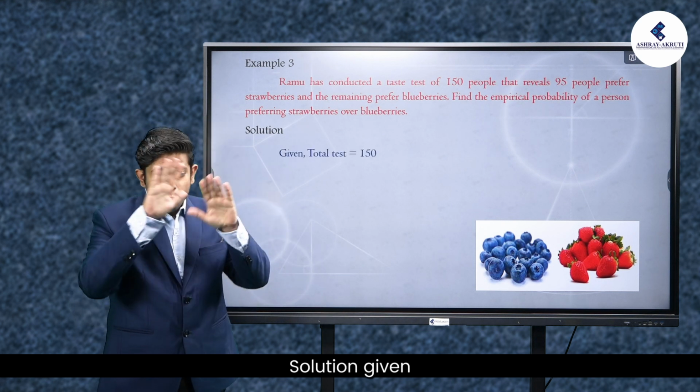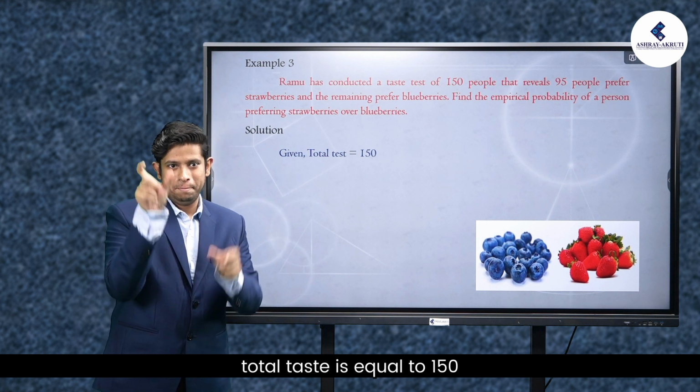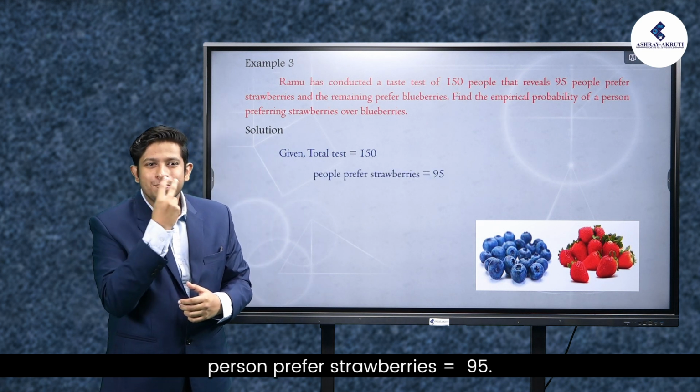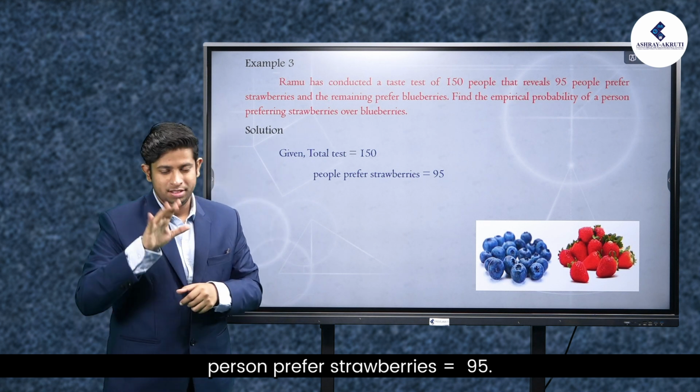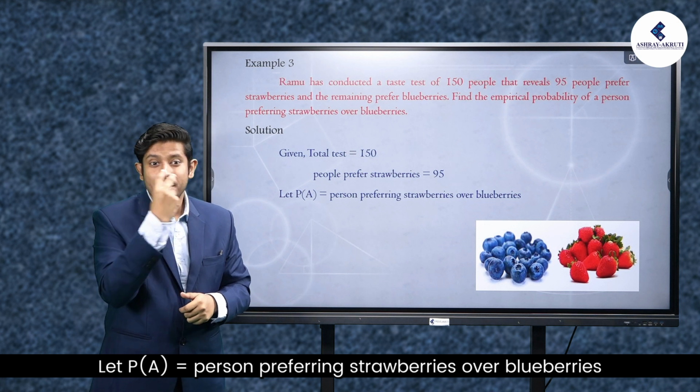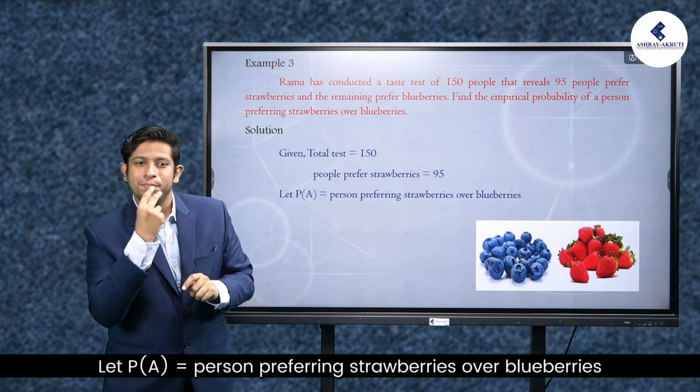Solution: given total test is equal to 150. Persons preferring strawberries is equal to 95. Let P(A) be the probability of a person preferring strawberries over blueberries.